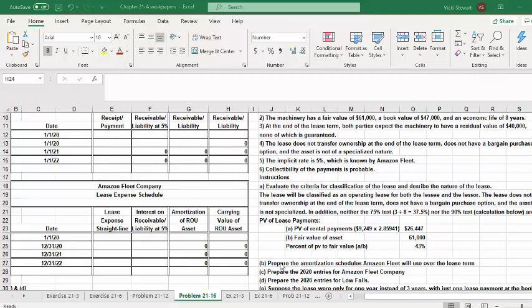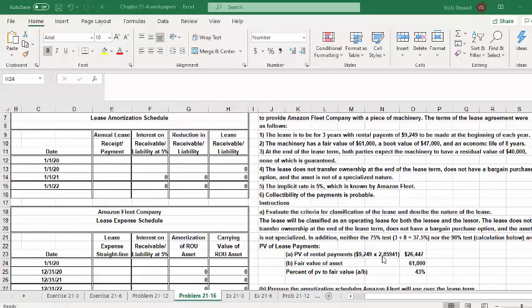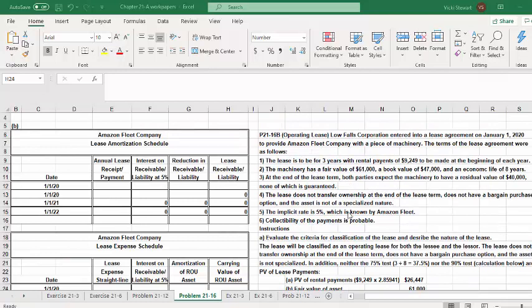The B portion states prepare the amortization schedules Amazon Fleet will use over the lease term. So that is what we're going to do first. The first amortization schedule is going to be the lease amortization schedule for the lease liability. We will record the lease liability at the present value of the rental payments, or $26,447.